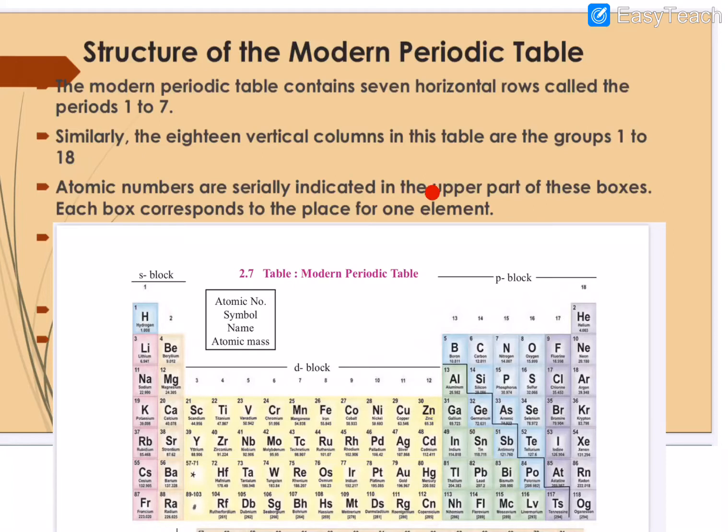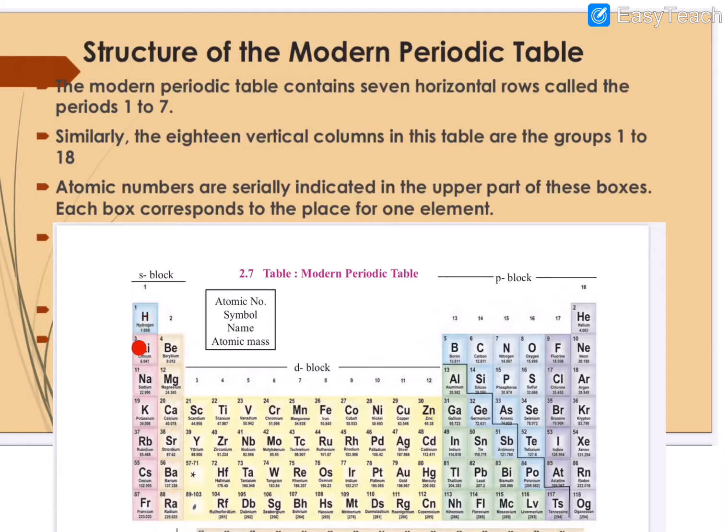The atomic numbers are serially indicated in the upper part of the boxes. Each element is placed inside a box, and you can see several boxes in the table. Each box represents an element in the periodic table, and the atomic number is represented in the upper part of the box.